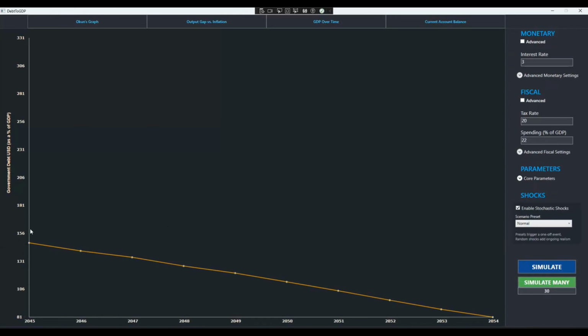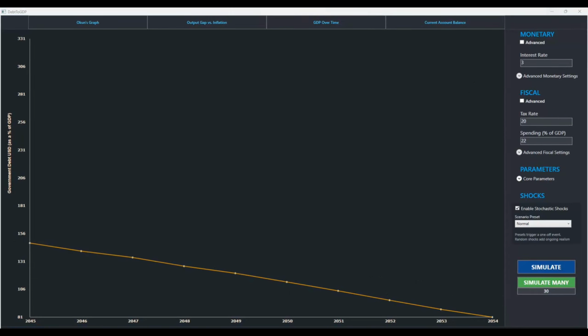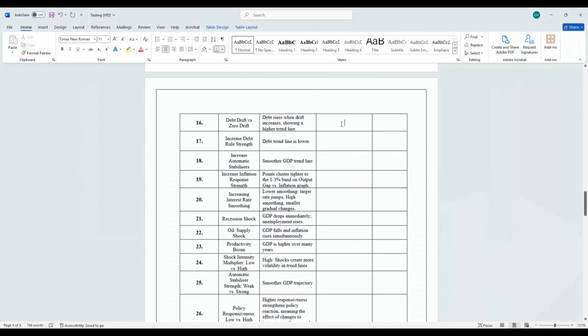So once again, 156 was a lot higher than the initial starting value of 120 it was when we had 0 debt drift, and we can see that when we increase debt drift, cumulative total debt increases over time and is higher over time. Although debt is decreasing over time, it's decreasing at a slower rate than it was before. So we can mark this as a pass.